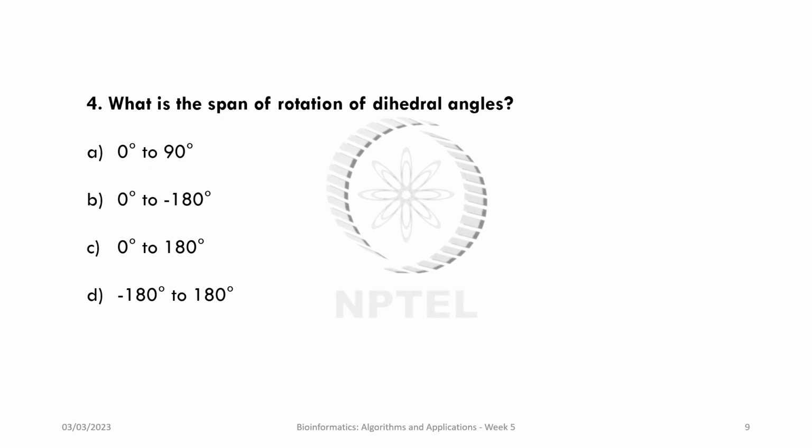Question 4. What is the span of rotation of dihedral angles? Option A, 0 to 90 degrees, B, 0 to minus 180, C, 0 to plus 180, and D, minus 180 to 180. Great. Good to see the response.